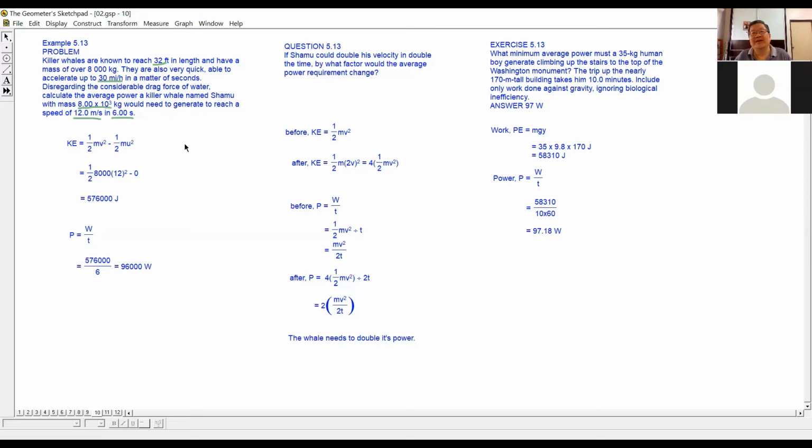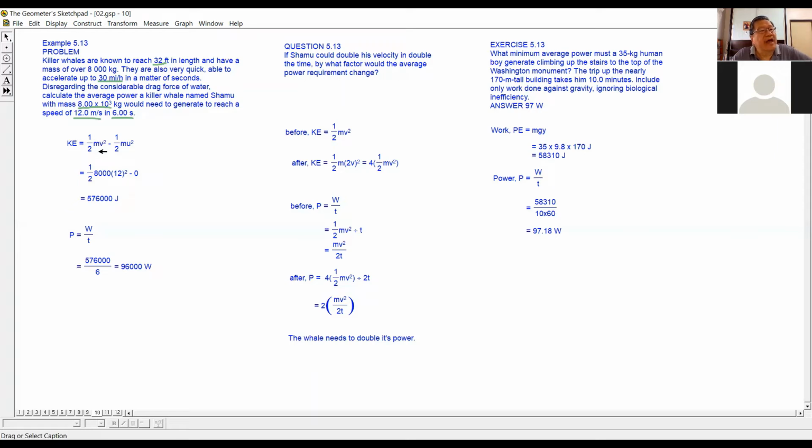Maybe you know better, because you are a swimmer, right? You want to gain speed, not only do you have to achieve the speed, you also need to overcome the water resistance. But then the question said disregard. Okay, so now we just look at the kinetic energy of the whale.